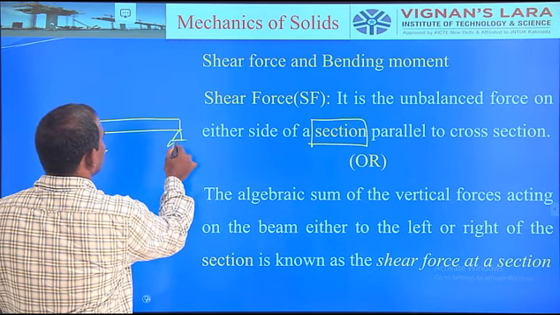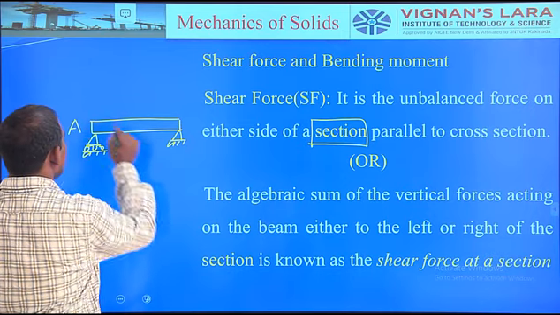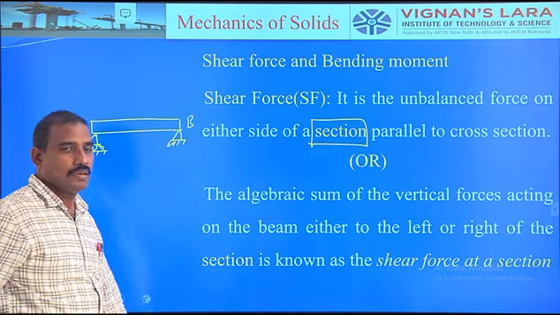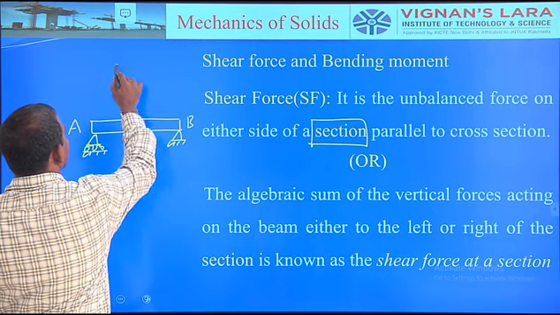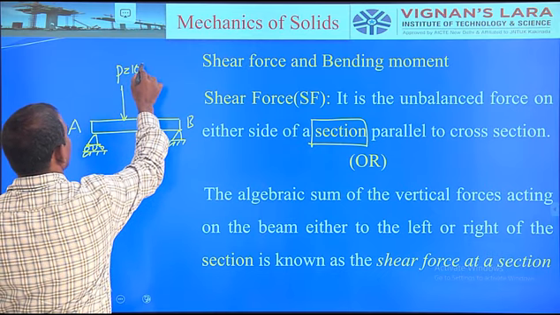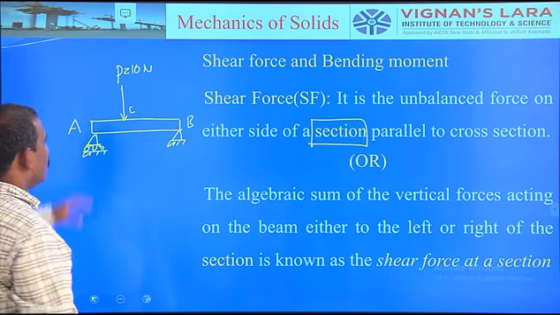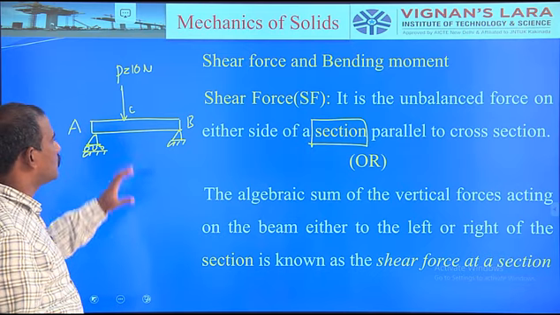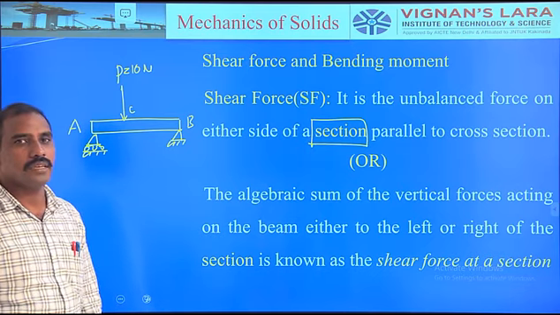One of its ends is with a roller support, the other end is with a hinge support. For example, a load W or a force P equal to 10 newtons is applied at a point C. Before calculating the shear force and bending moment diagrams, you must know the total forces or system of forces acting on a body.